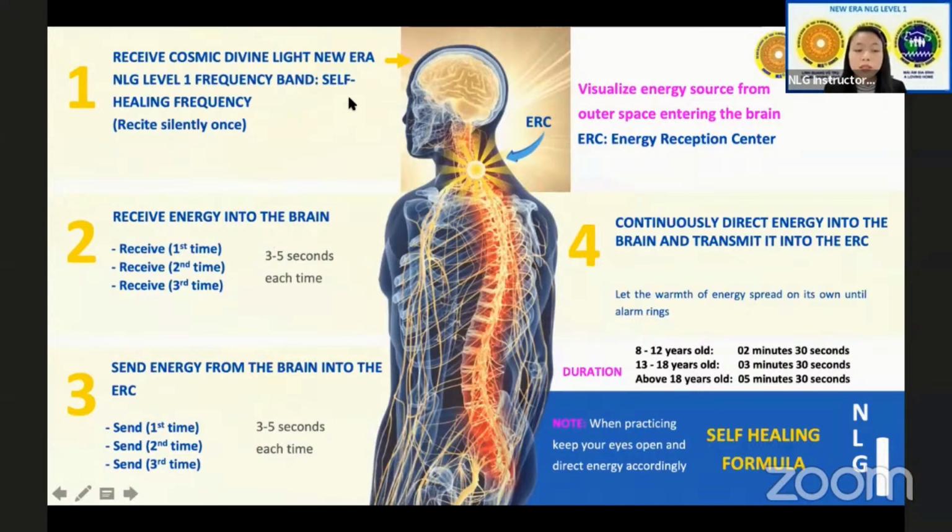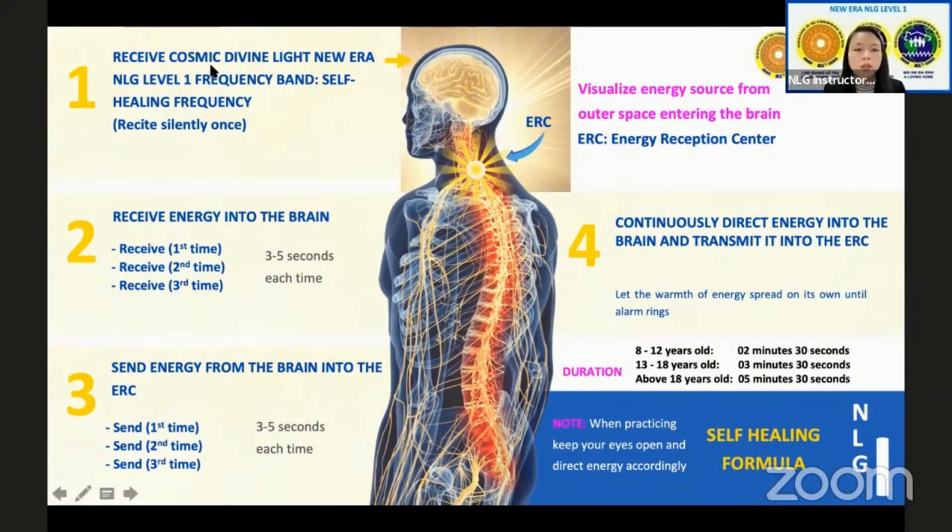Next one, this is self-healing. Step 1, receive cosmic divine light, new era energy level 1 frequency band, self-healing frequency. You recite that in your head, and then you recite step 2, receive energy into the brain. That is, visualize energy from outer space entering the brain.